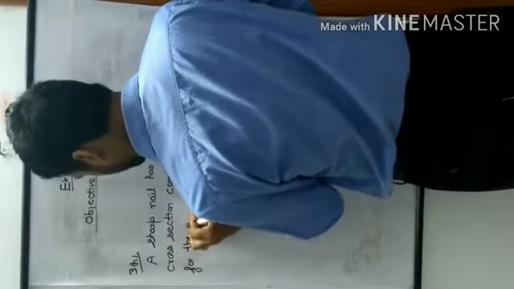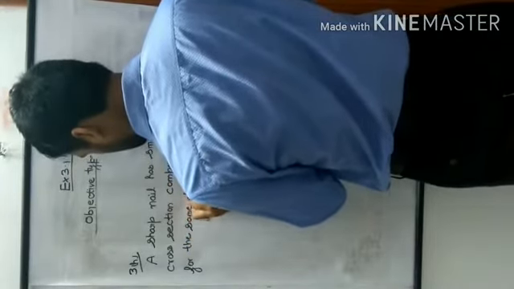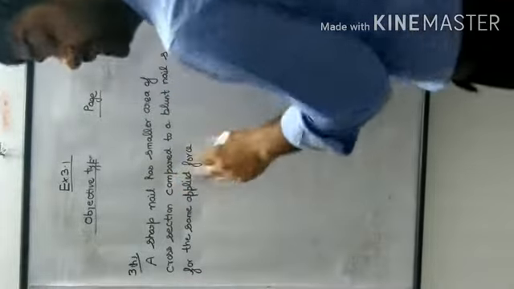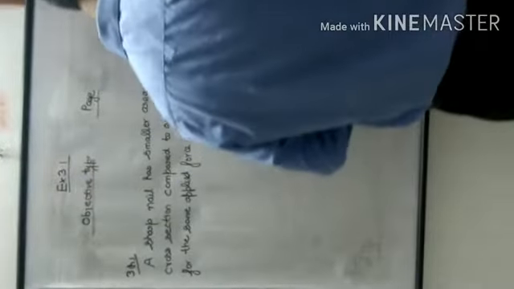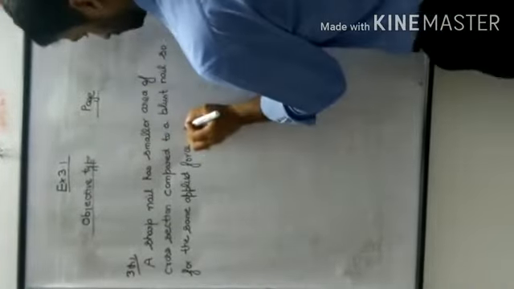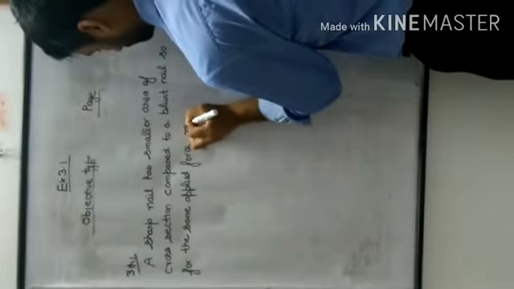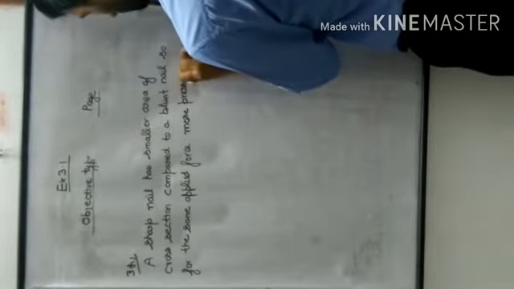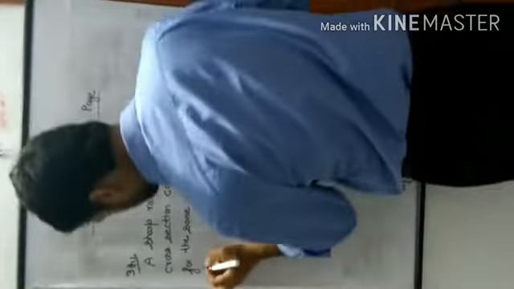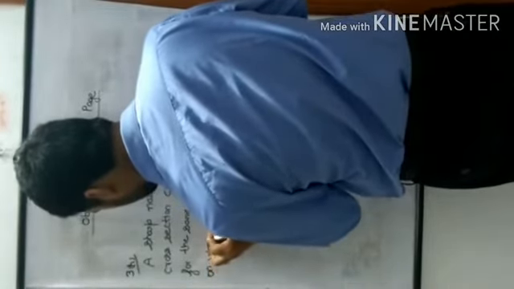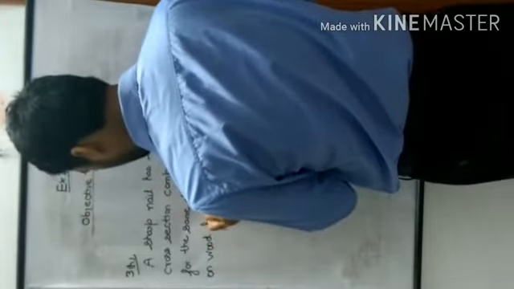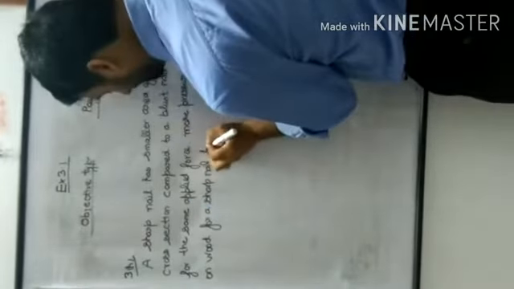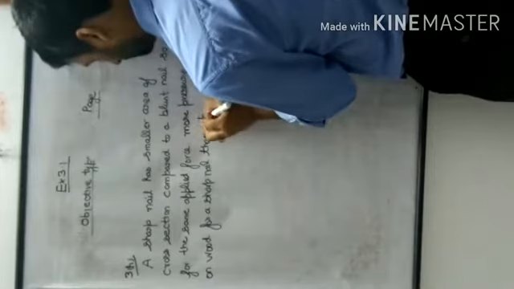So for the same applied force, that means if the same force is applied in the case of sharp and blunt, more pressure acts on wood for a sharp nail than a blunt nail.